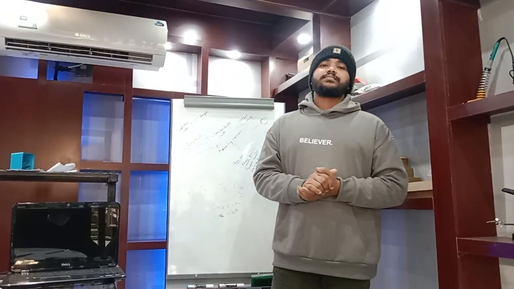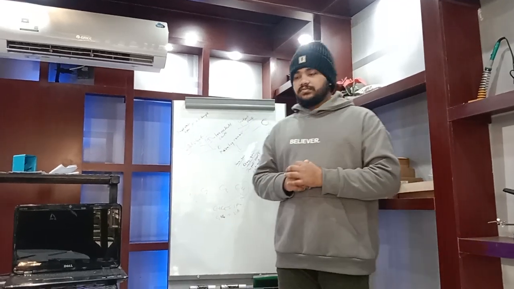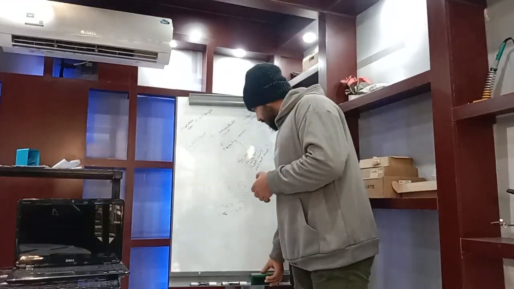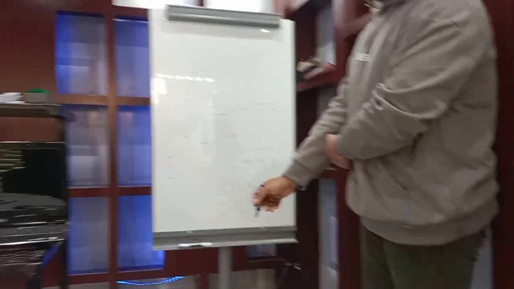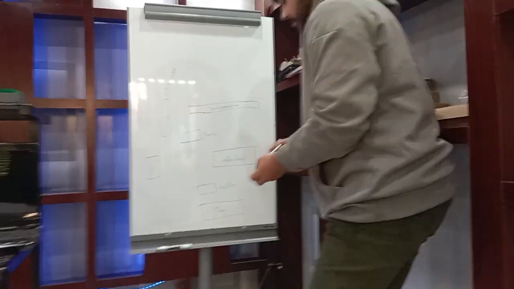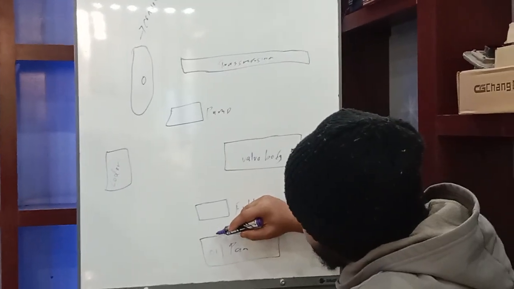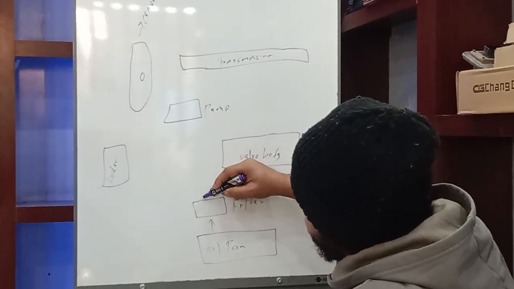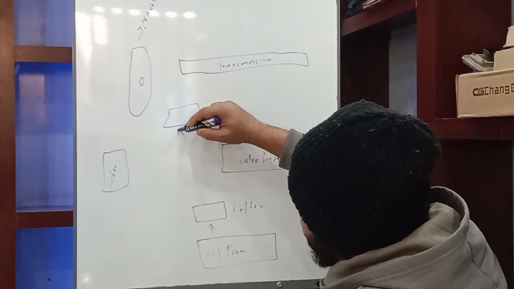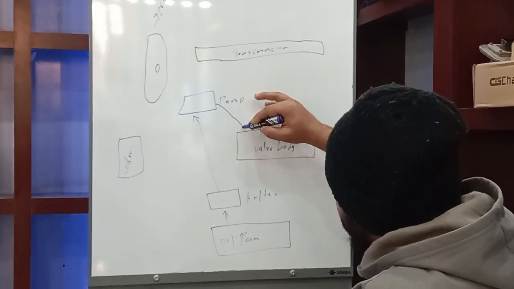Okay, so now we go to the third part. So can you draw the fluid cycle for the automatic transmission? I think this is the diagram for the oil cycle. Okay. In the cycle, the oil will go to the filter, will go to the pump, and return from the pump to the valve body.